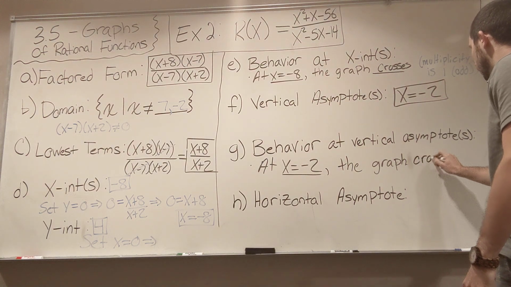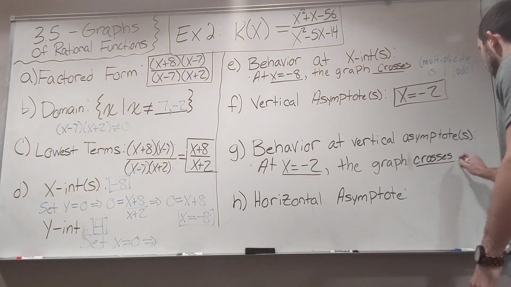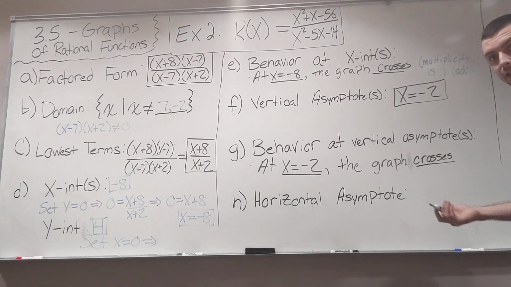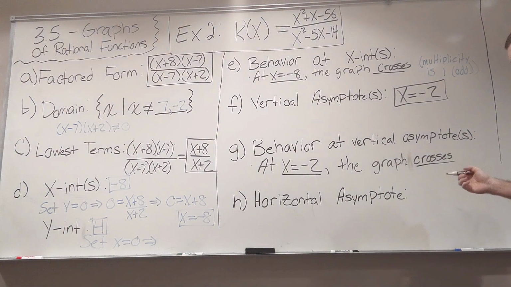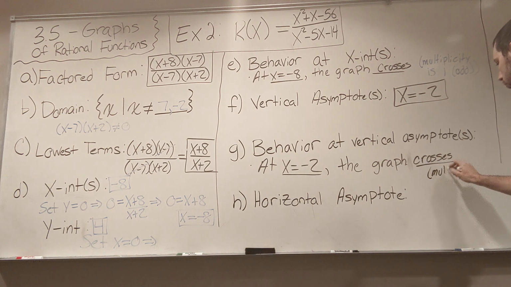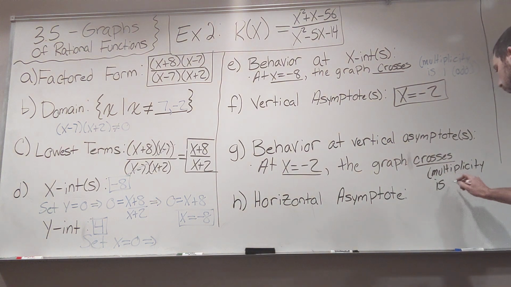It will once again cross because the multiplicity is 1, which is an odd number.